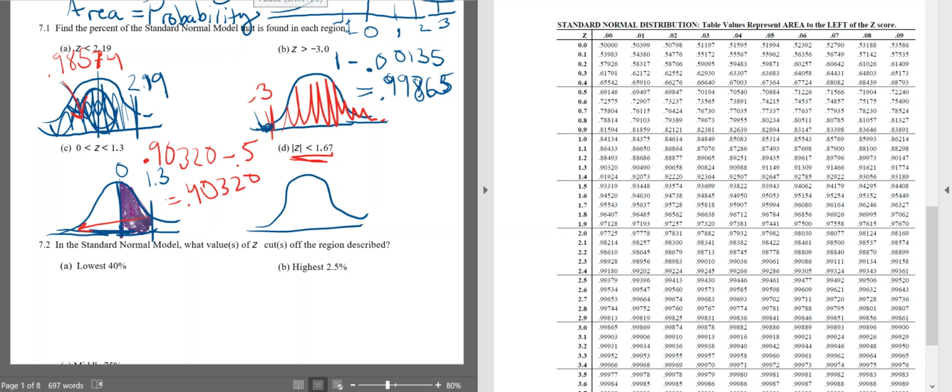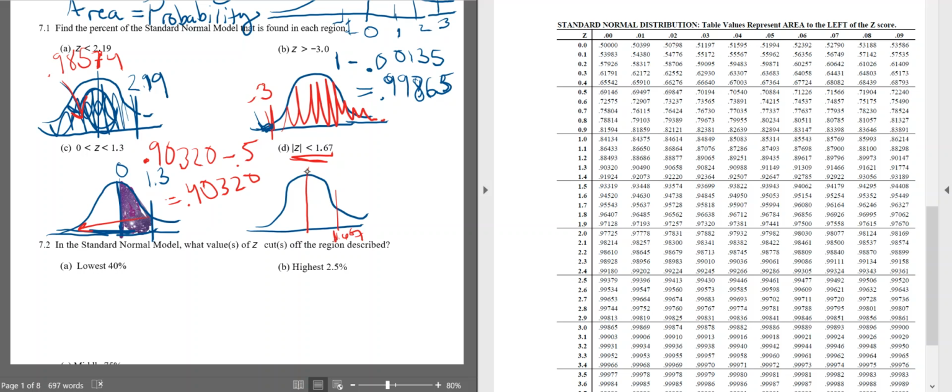Okay, so here we're going to have to be careful what we are calculating because it's absolute value. Remember, absolute value is just its distance from 0. Here, whatever value I am considering, its distance from 0 is less than 1.67. So you could start by drawing the positive half of it. There's where 0 is roughly, here's 1.67.